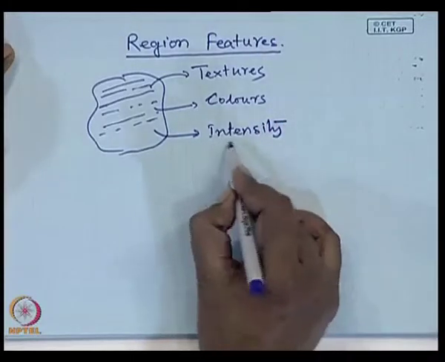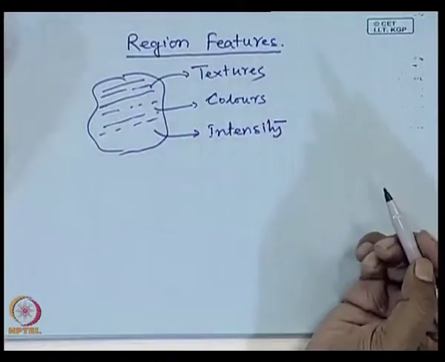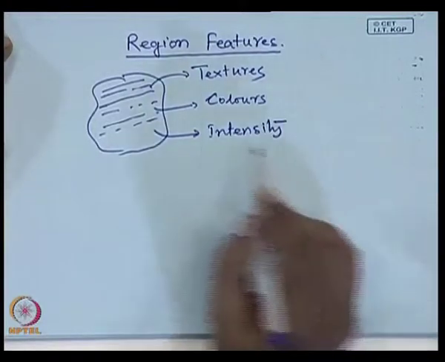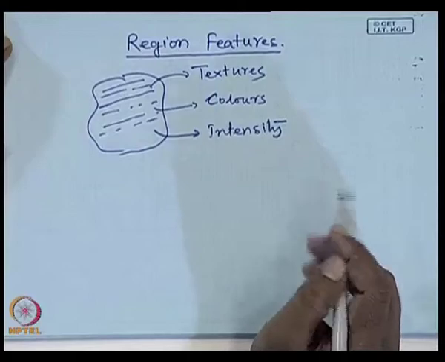So, this intensity value itself can be one feature, the color information of the region can be one feature, as well as the texture of that region can be another feature. I can obtain the descriptors or feature vectors corresponding to color, or even to the intensity value. If it is intensity value, it is a scalar function, so I get a single feature, not a feature vector, but that feature can be combined with other features to give you a feature vector.